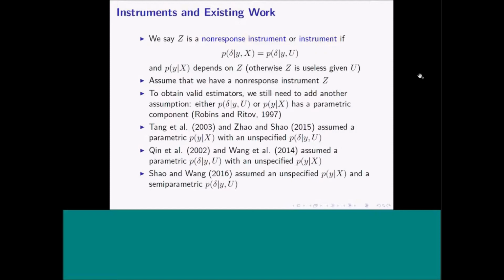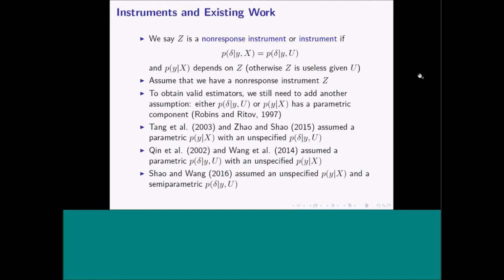And still, we need to make another assumption on either the propensity or the conditional density of Y given X. That is, we have to assume that these two pieces have at least one parametric component.